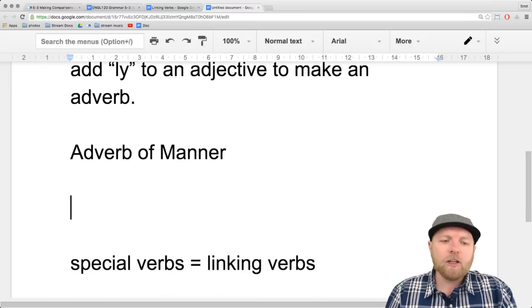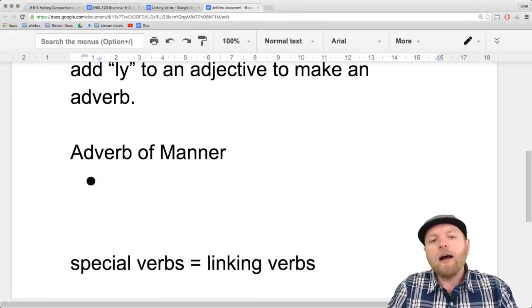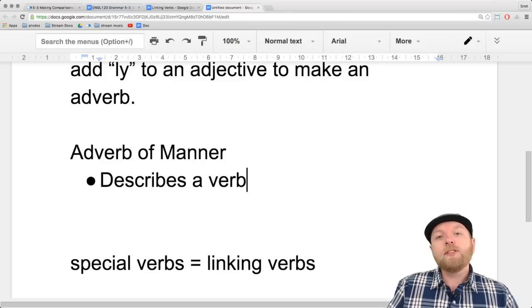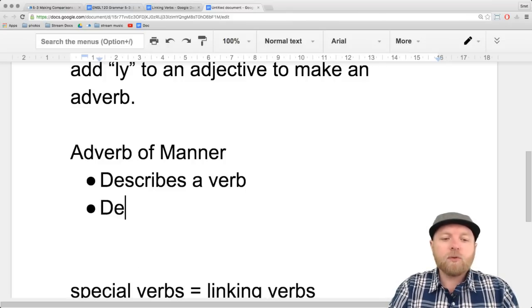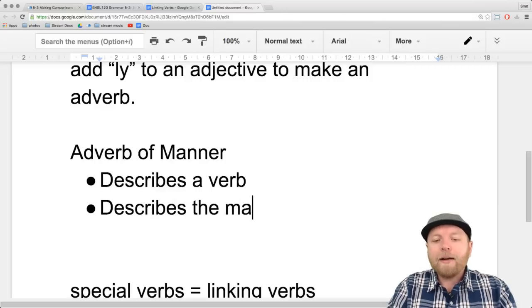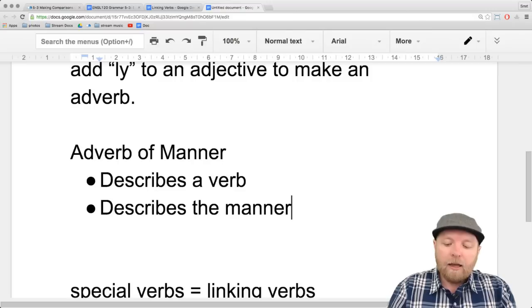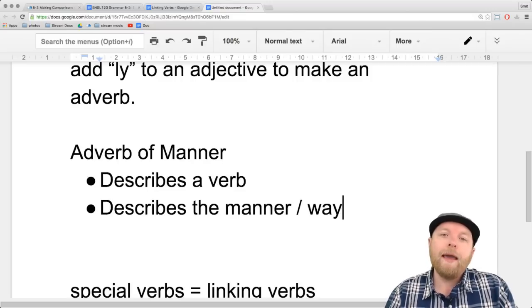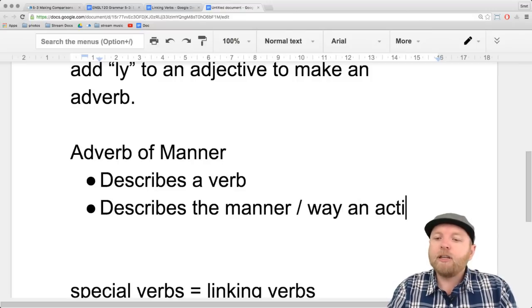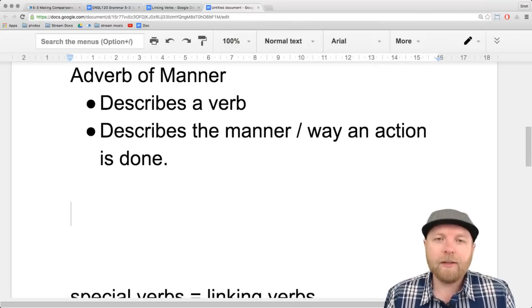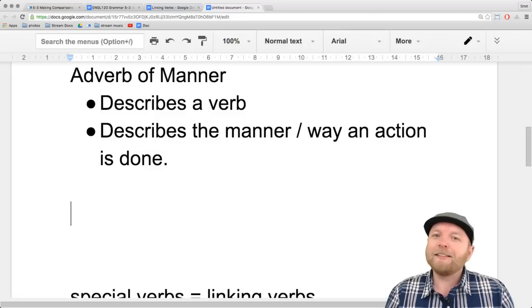Now, an adverb of manner describes a verb, and it describes the manner. If you don't understand manner, that's okay. It describes the way an action is done. Okay? So let me give you a really, really easy example.